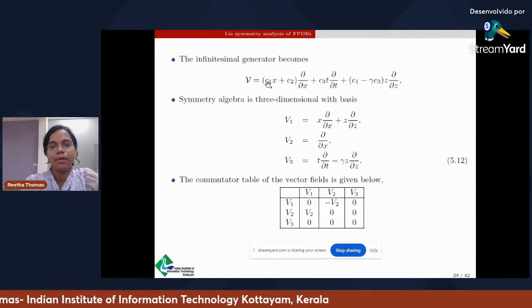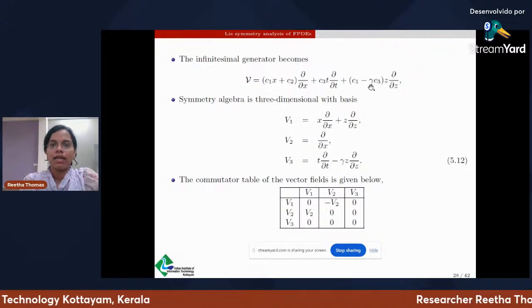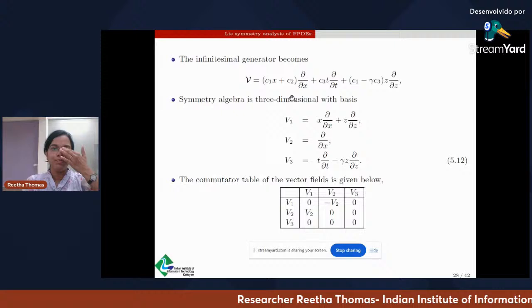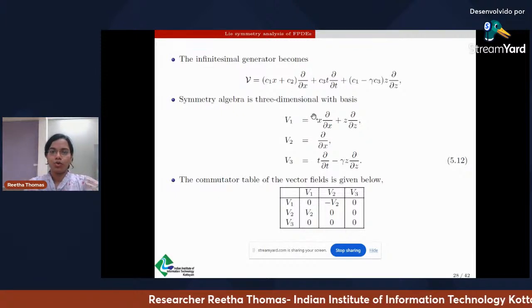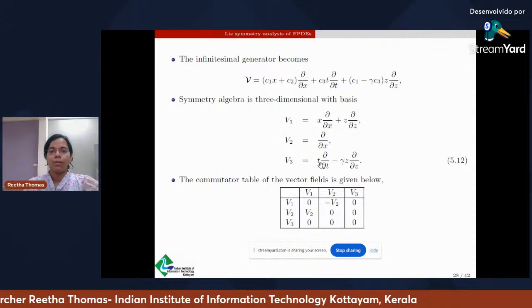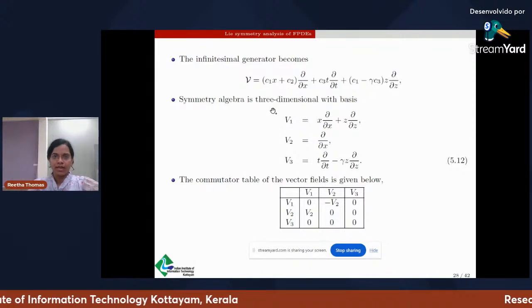Putting the psi, tau, eta values here, the symmetry algebra is three-dimensional with the basis corresponding to the parameter c1, x dou by dou x plus z dou by dou z, corresponding to c2, dou by dou x, and corresponding to c3, t dou by dou t minus gamma z dou by dou z.